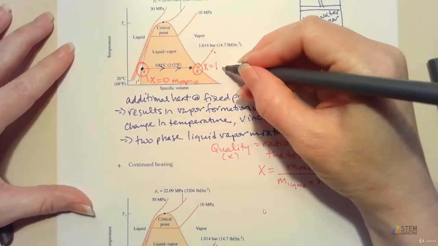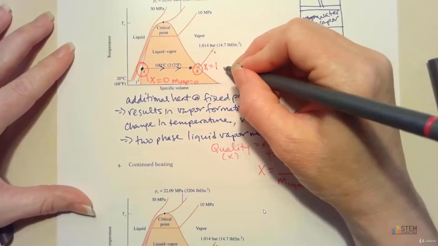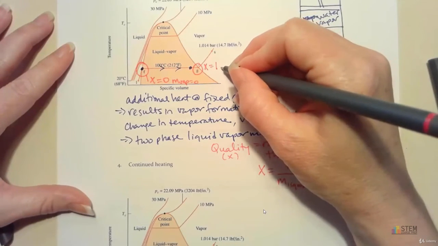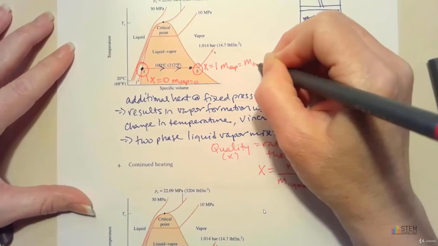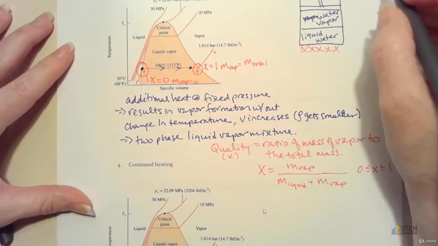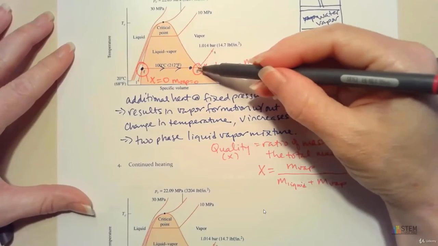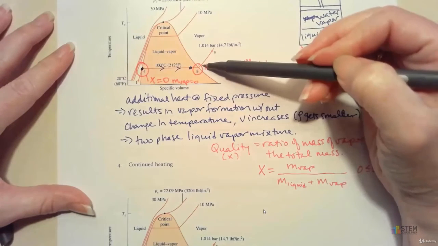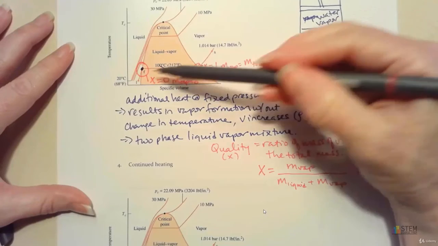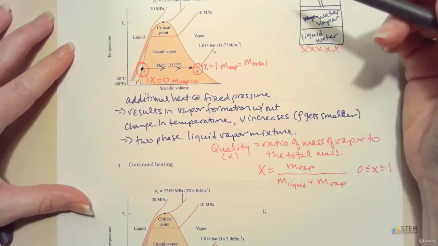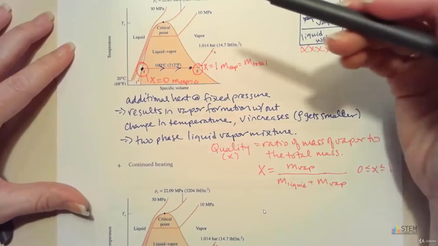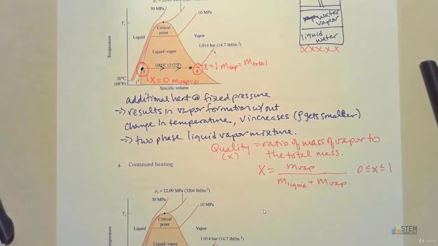Essentially your vapor mass equals the total mass. You're all vapor at this point. So X is 0 and X is 1 at these two locations. Keep that in mind because you will need that later on. X is just telling you how much water vapor you've got in your mixture, which is important to know.